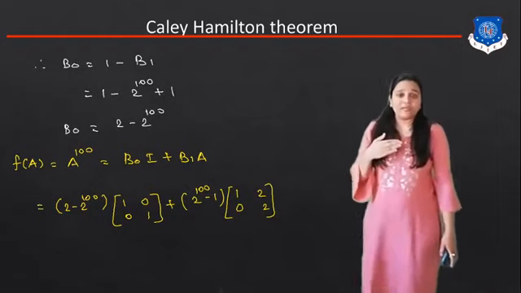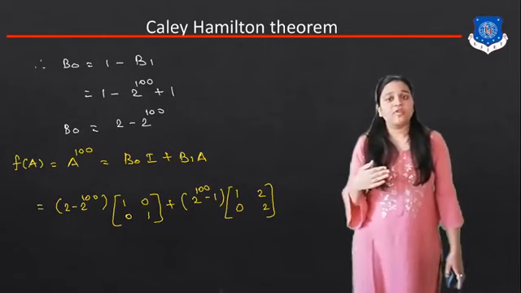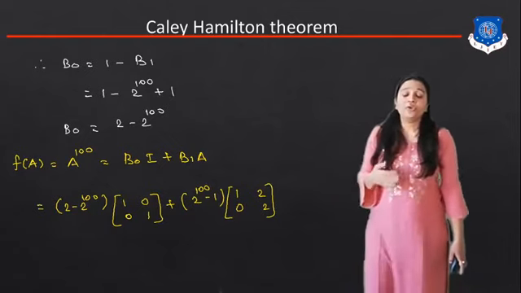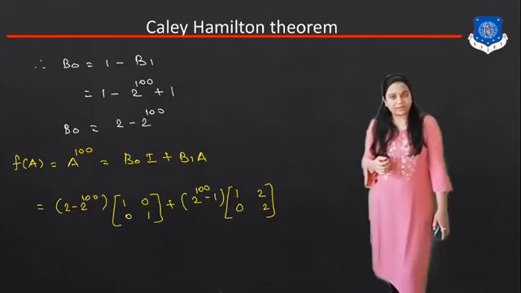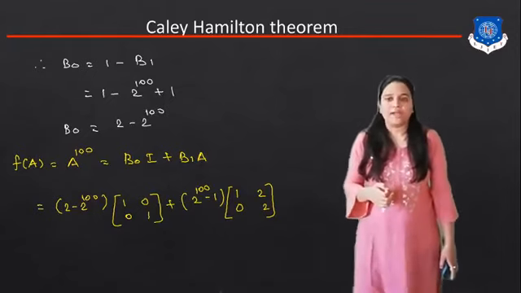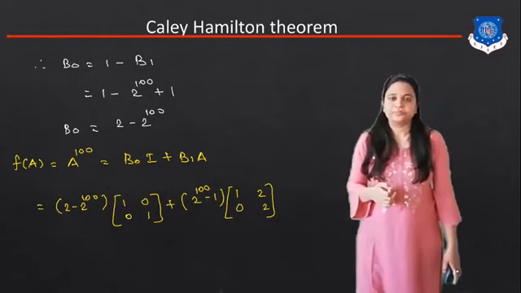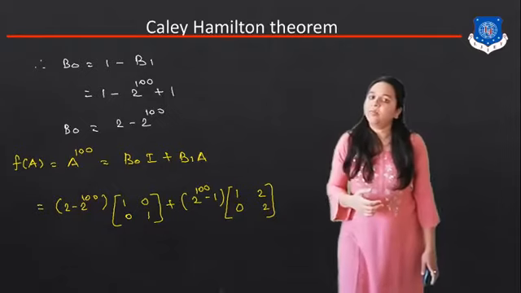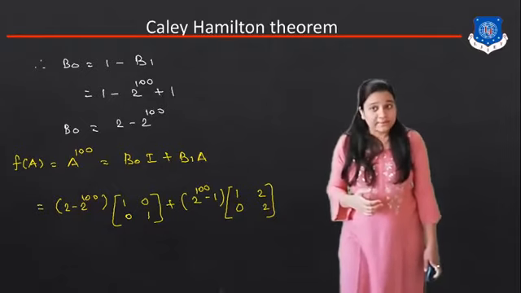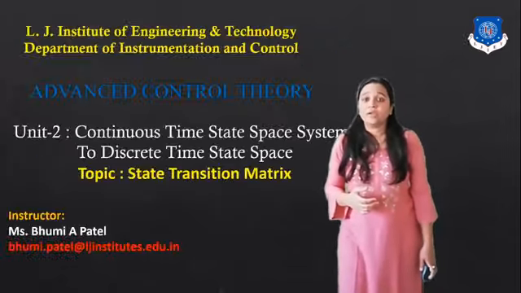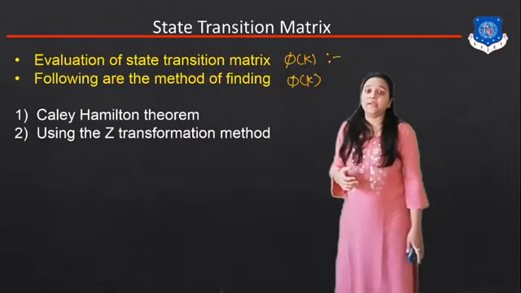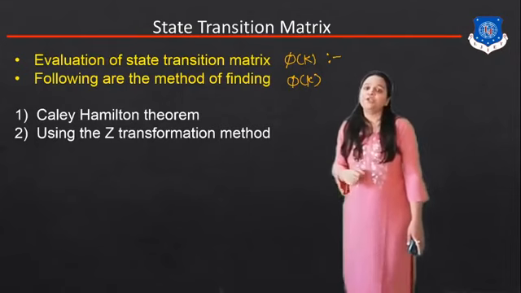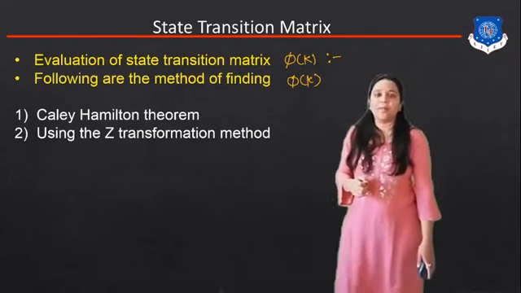Whenever we find the value of x of k, first of all we have to find the value of x of z, and that's why we use the Z transformation method to find the value of phi of k. Okay, so this is all about the Cayley-Hamilton theorem. In the next session, we will study another method, that is evolution of the state transition matrix using the Z transformation method.